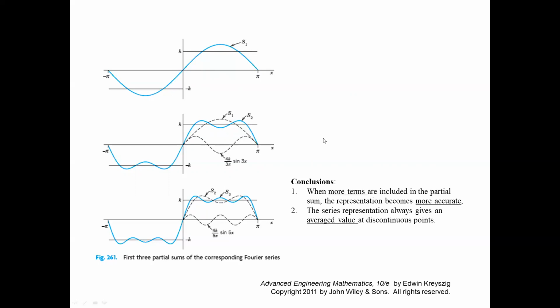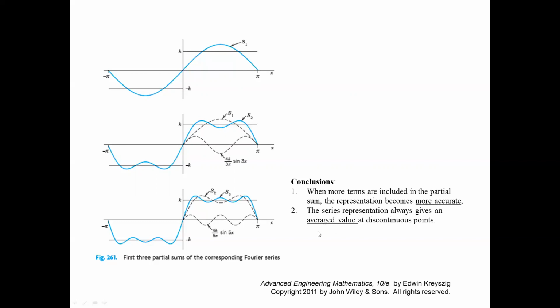So based on what we discussed on this schematic representation, we can make two important conclusions. Number one, when we include more terms in the representation, the result is more accurate, closer to the given function.